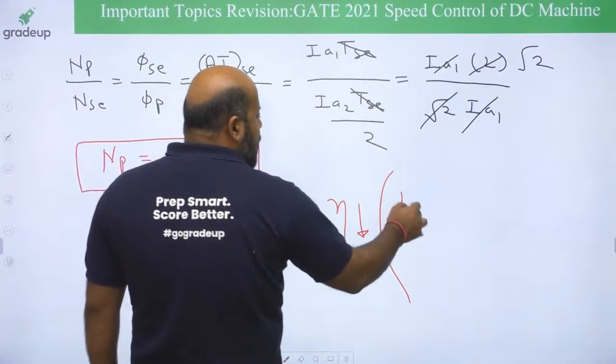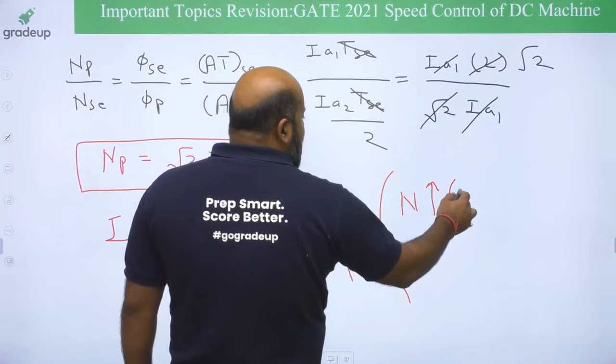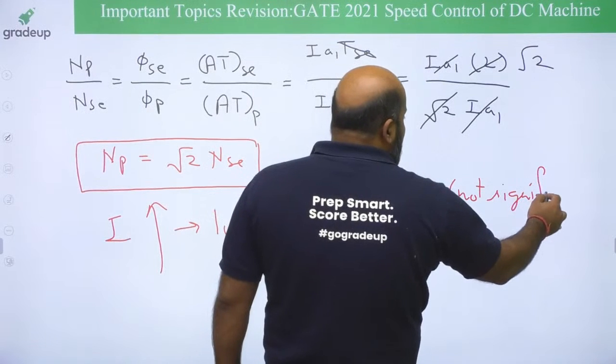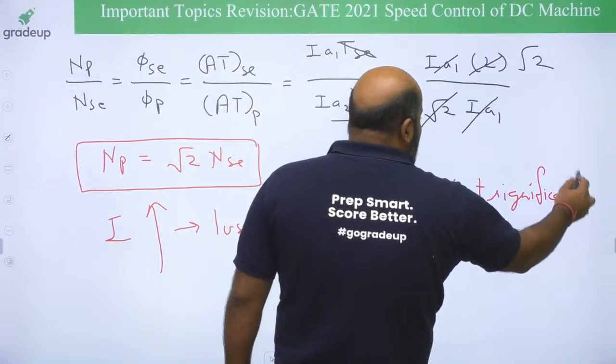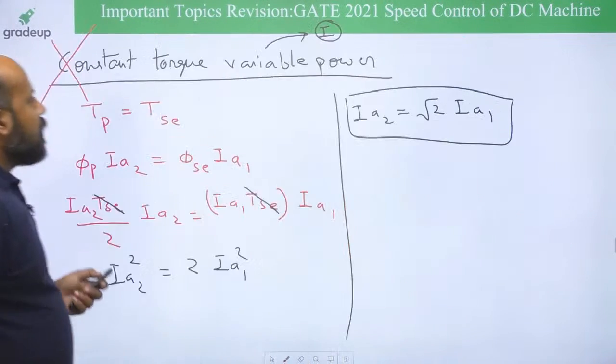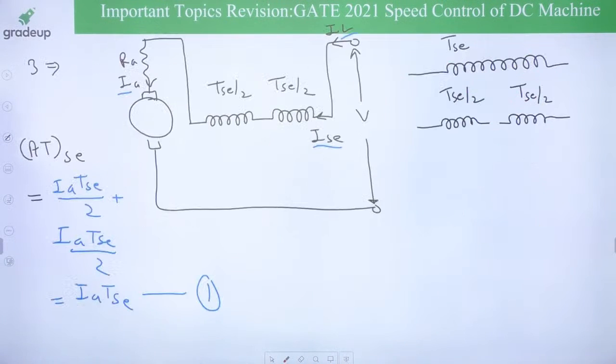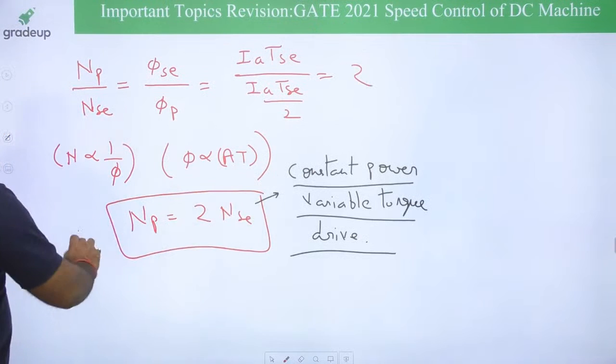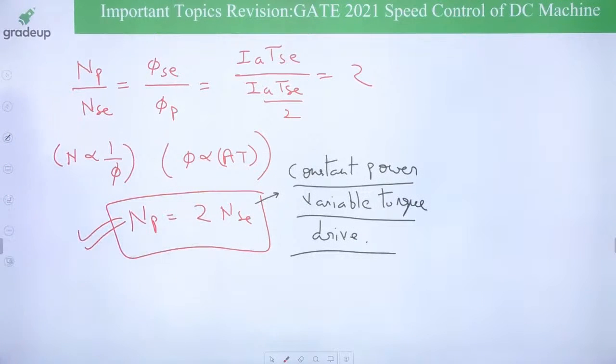At the same time, the speed increase is not significant. For the constant power variable torque, the speed which you were getting was 2 times the series combination. But now what you are getting is only root 2 times.